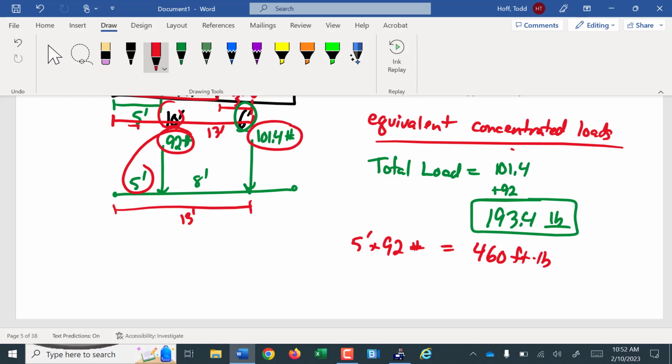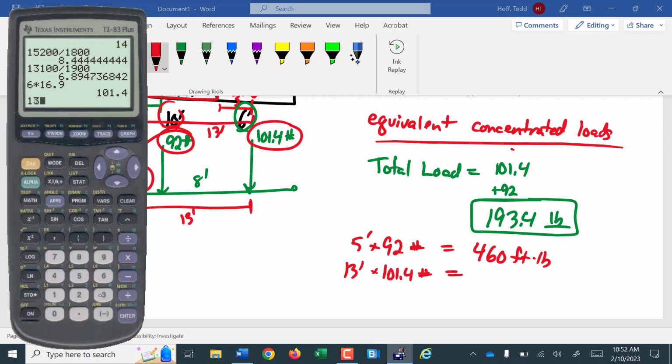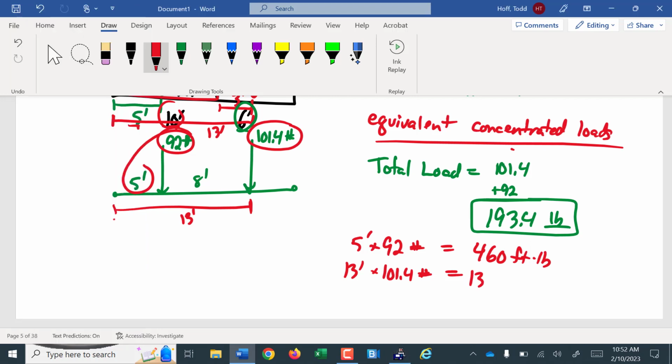For the second piece here, that's 13 feet to that second load times 101.4 pounds. And that one I'll have to put on the calculator. That sounds right, 1318.2, yep. Foot-pounds.